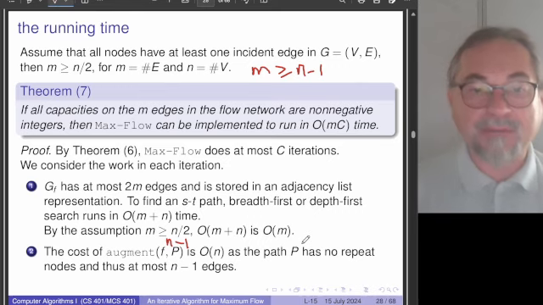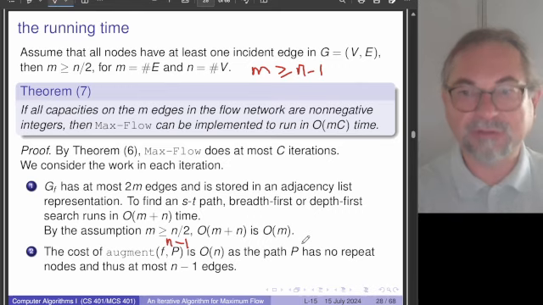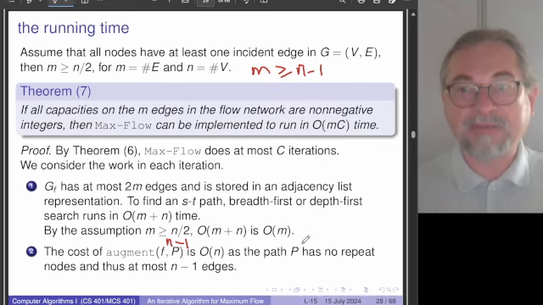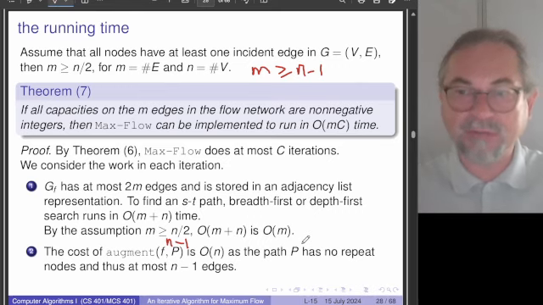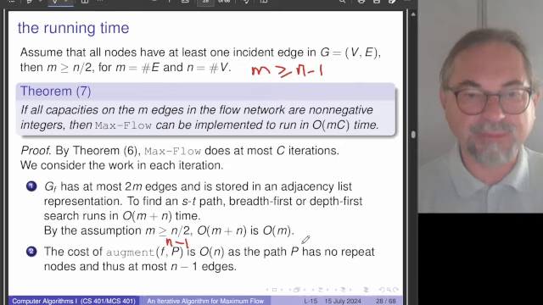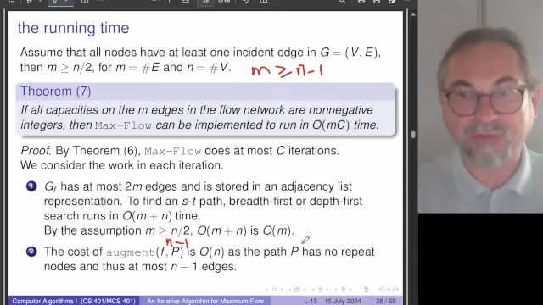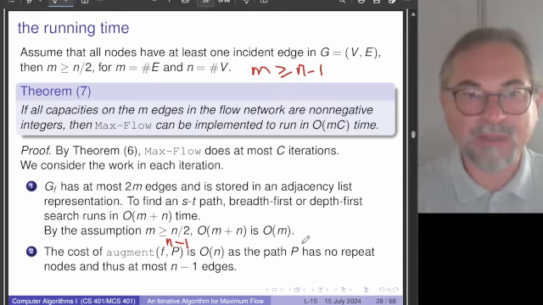We look at a path, and there is no repeated node, so in a path we may visit all the intermediate nodes, as we go from source to sink. So when we visit all those edges, we do n minus 1 steps. That's again bounded, and actually it's also bounded by big O of m.